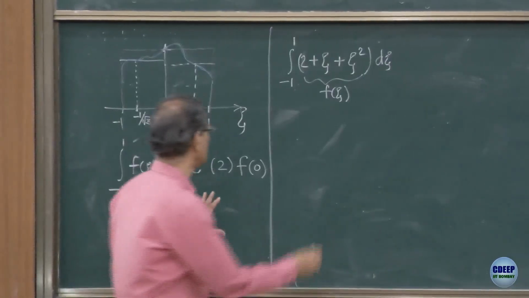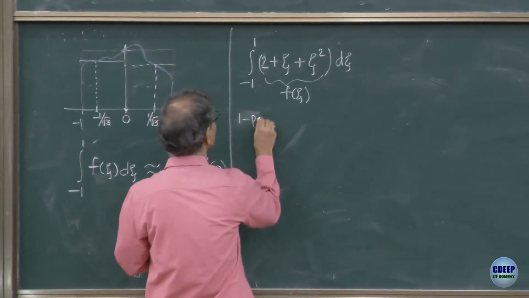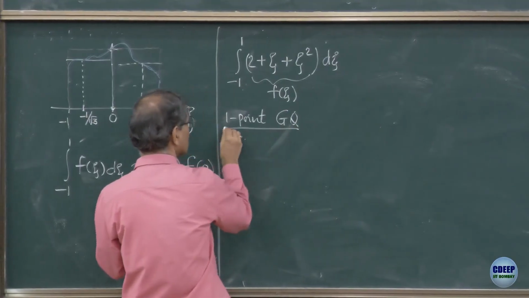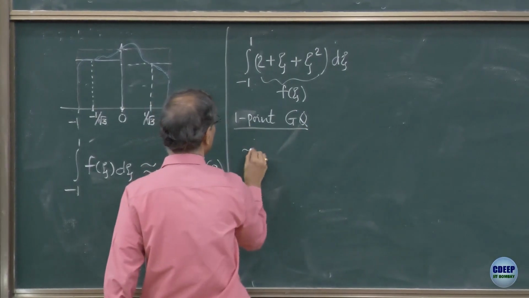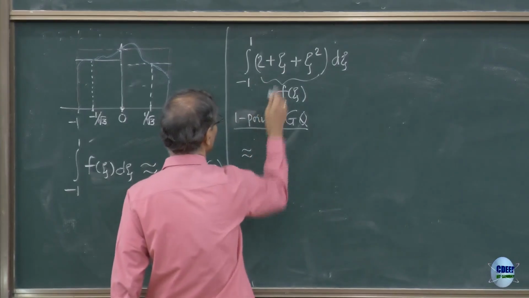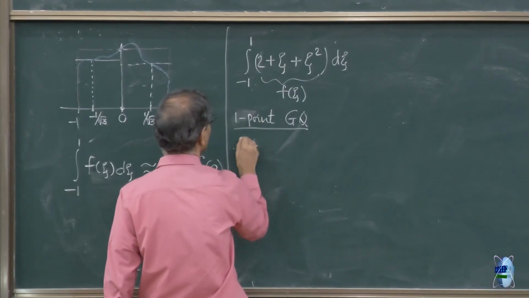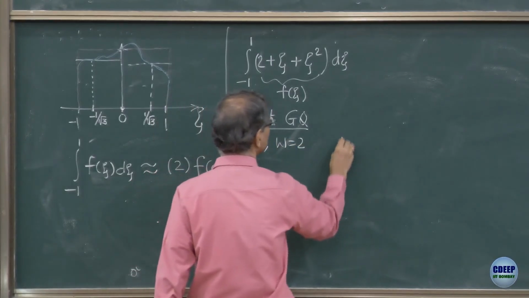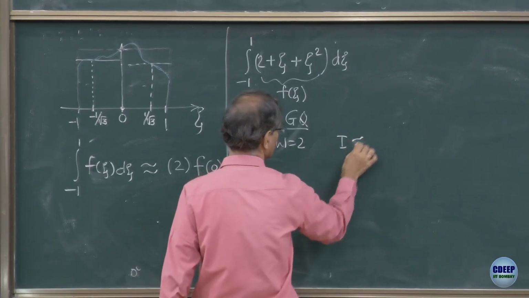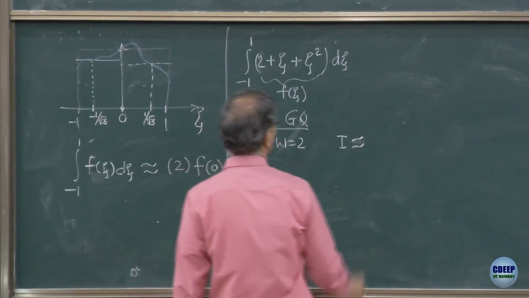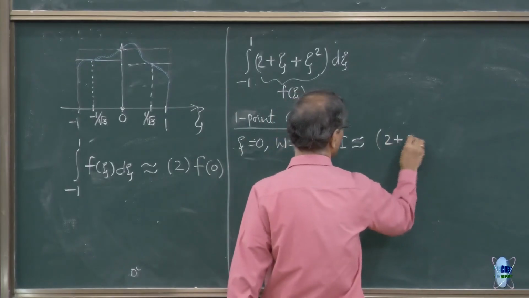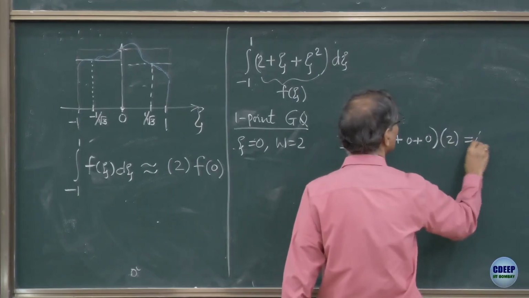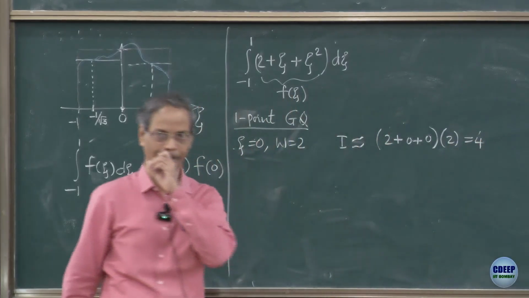So, if it is 1 point rule, one-point Gauss quadrature, this is approximately equal to the value at zeta equal to 0, correct?